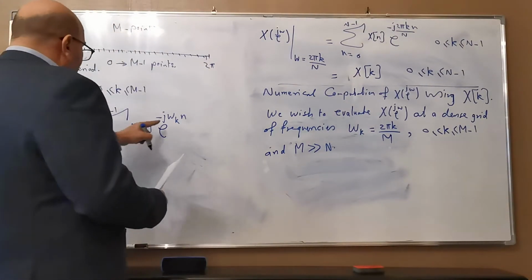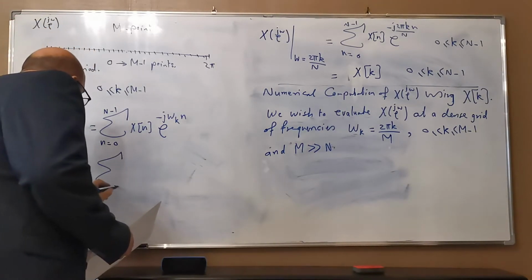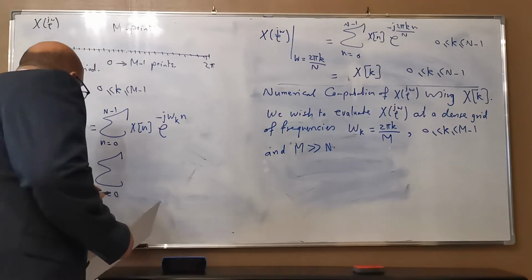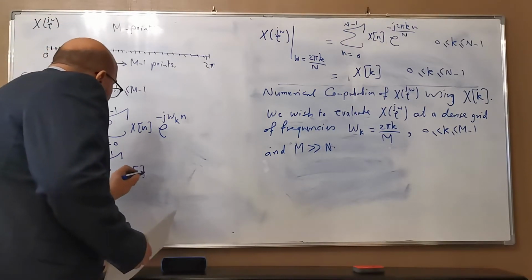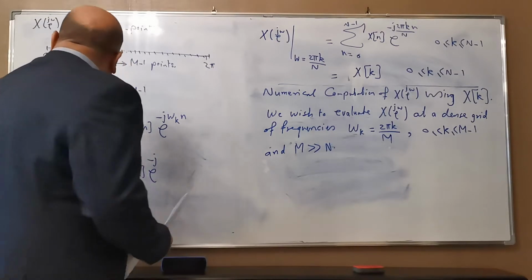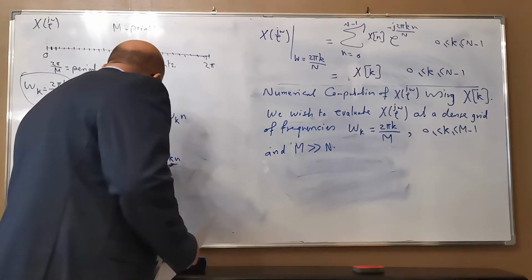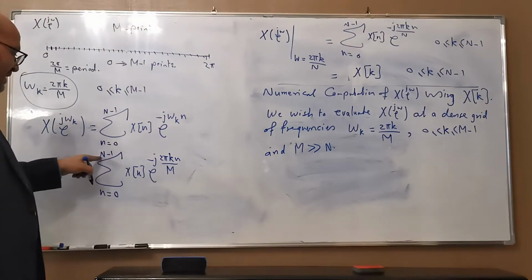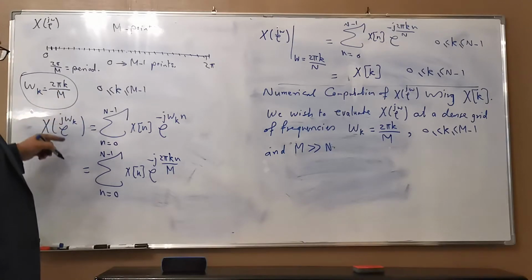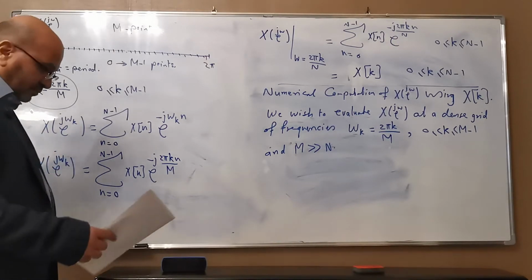And if we substitute omega k, what is omega k equal to? So this is the summation from n equals 0 up to N minus 1, x of n e to the minus j 2 pi k n over m. Notice here it's m, not N anymore, because you are doing x of e to the j omega k. Okay?